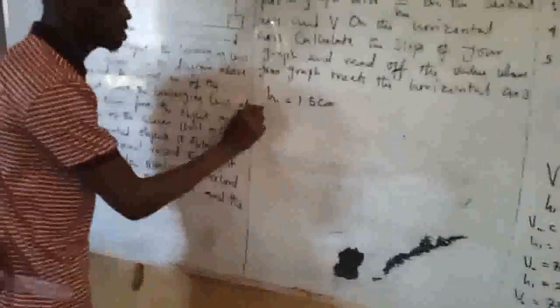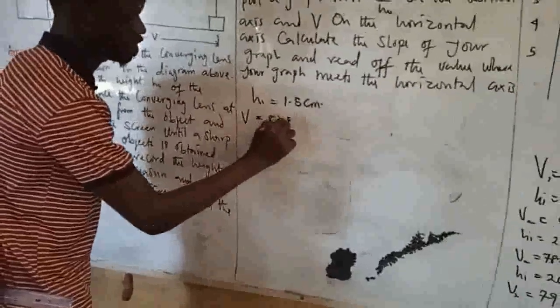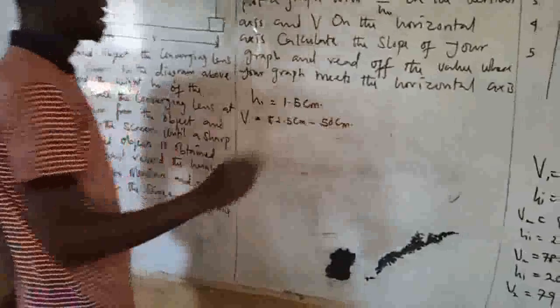Moving this, I have a sharp image of the object at exactly 82.5 centimeter, which means my V equals 82.5 centimeter minus 50 centimeter.